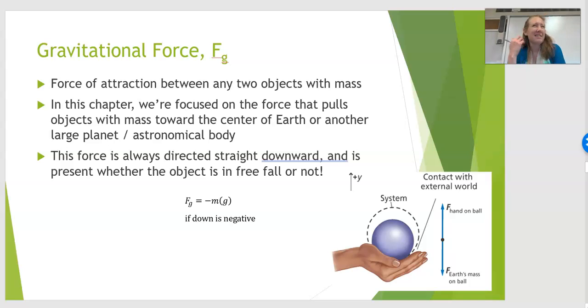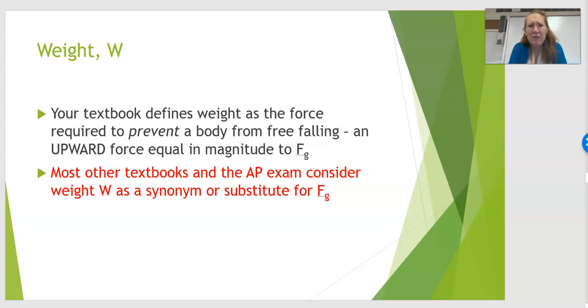We'll get into the details of adding and subtracting forces when we do problems, but you can see that I've chosen to put the negative sign in the formula, but you don't always see that because books are kind of counting on you to remember to use signs appropriately when you solve problems. Your book does something kind of funny with this. It talks about weight as being an upward force.